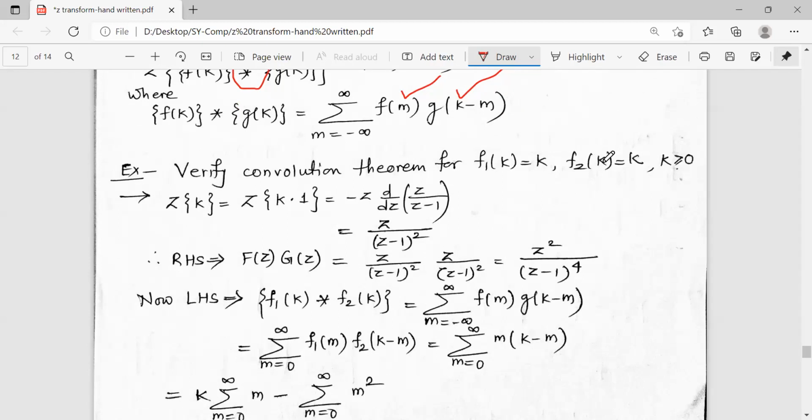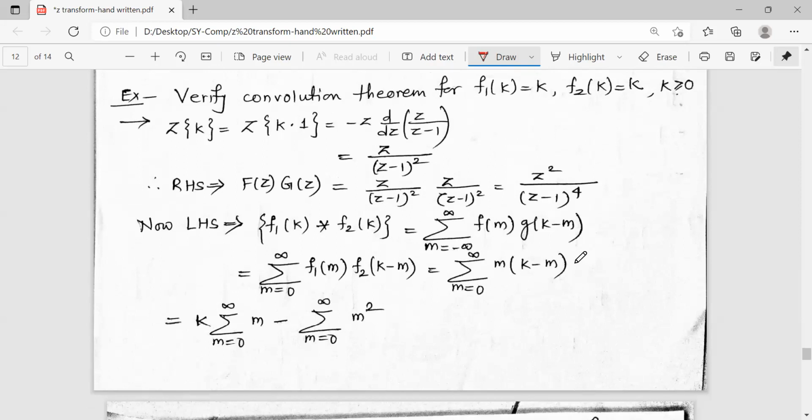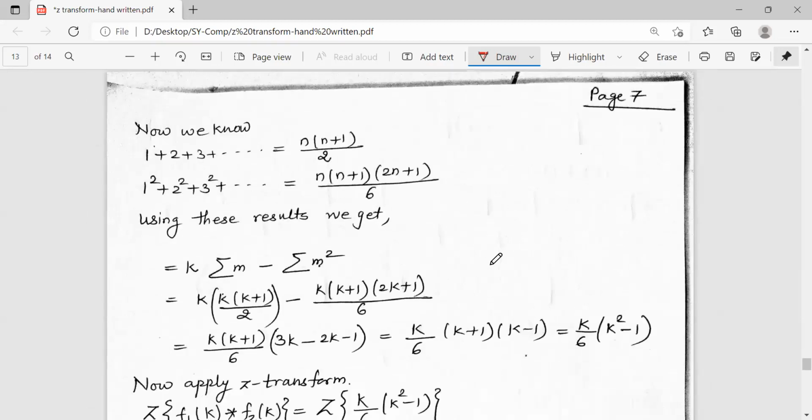Both functions are k, and you want the convolution between f1 and f2. So for the convolution of f1 and f2, this is the term you are going to select. I'll show you on the pad. At present this is just a simplification which is done here.